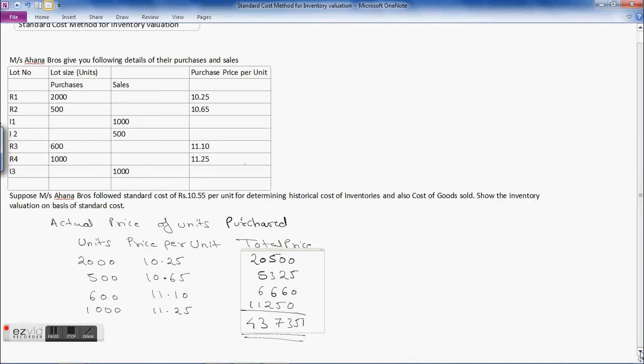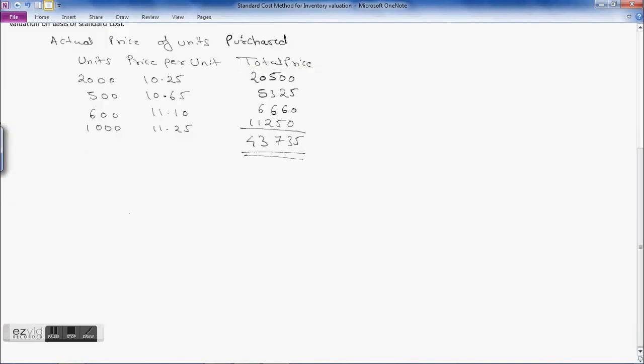Let's see what the total purchase of units is. Total units purchased: 2000 plus 1000, that is 3000, 3500, 4000 and 4100. So the total units purchased is 4100. Now we'll calculate the standard cost for 4100 units.